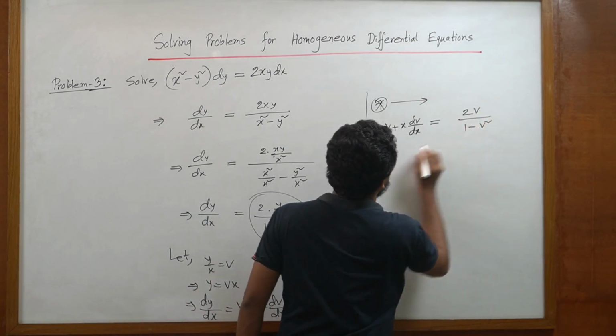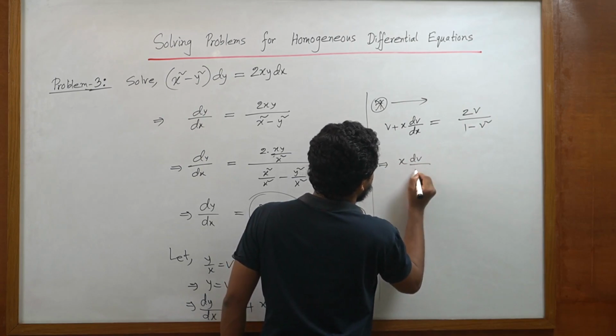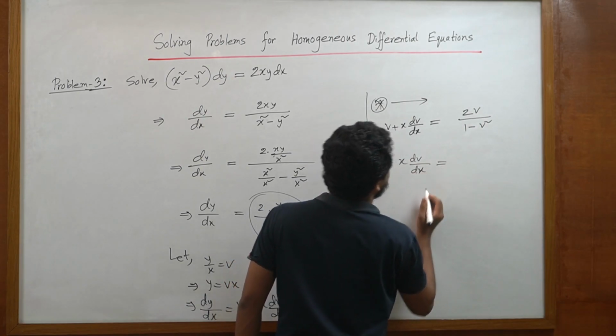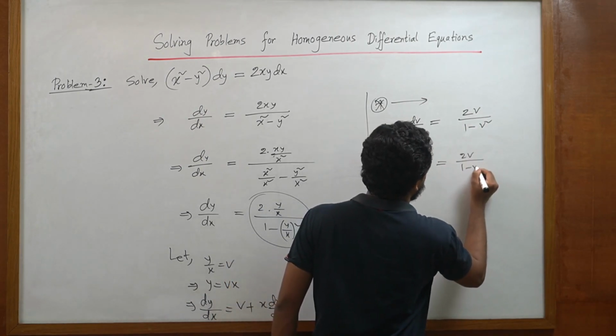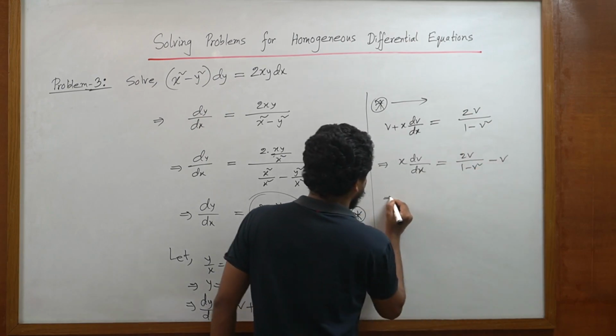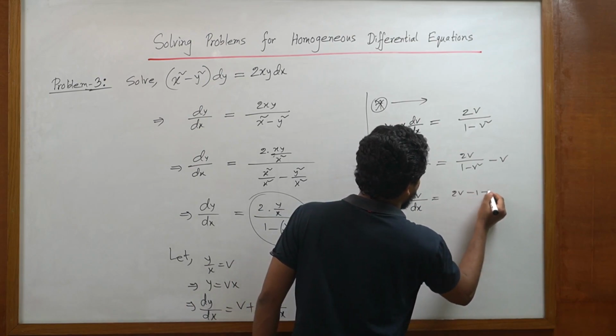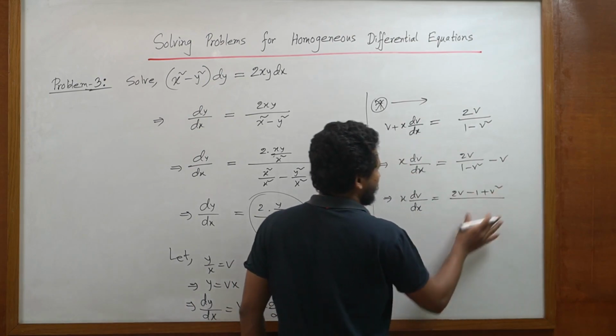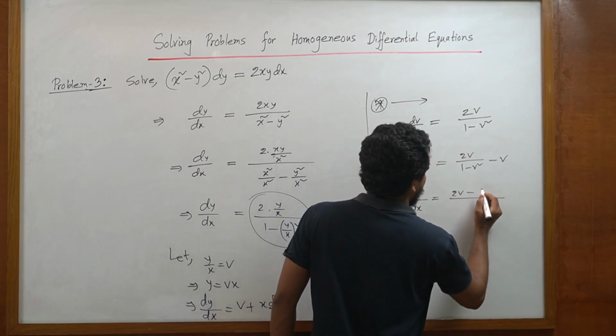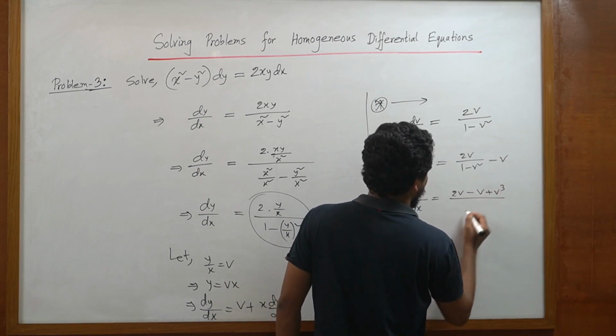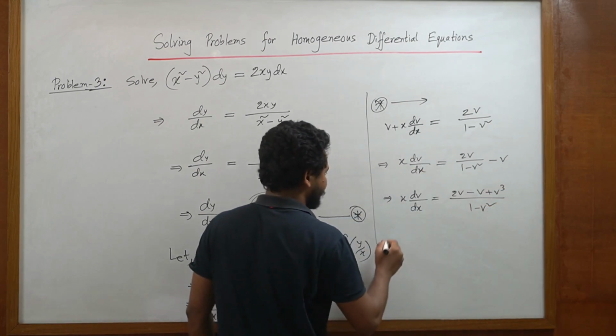Okay, now x dv dx equals twice v by 1 minus v square minus v. X dv dx equals twice v minus v plus v cube by 1 minus v square.